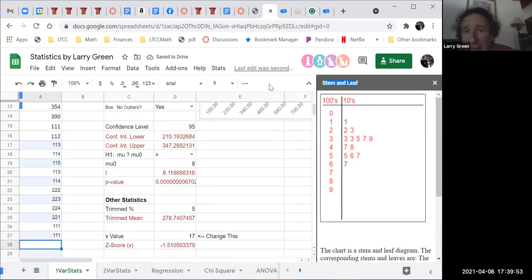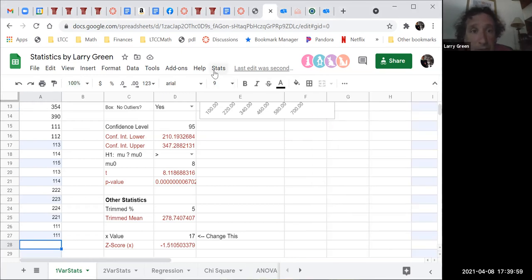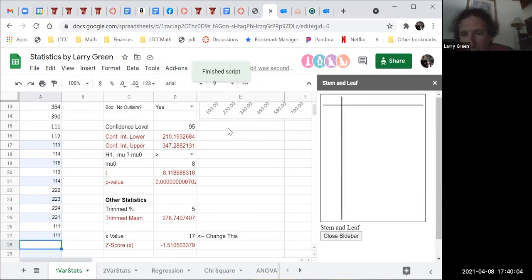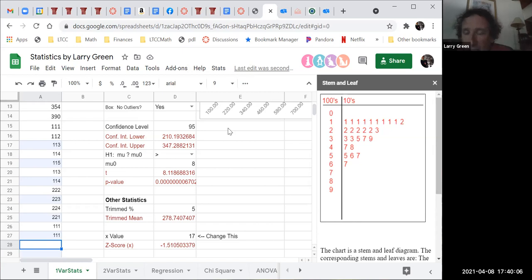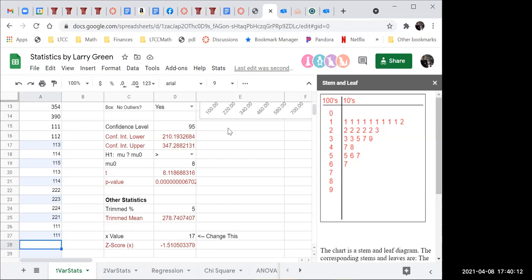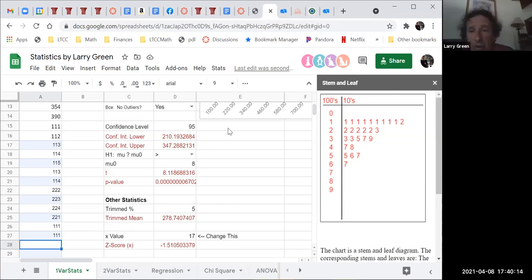And let's do another stem and leaf. And hopefully I did what I wanted to do. Is that one normal? No. No. Okay, is it unimodal?